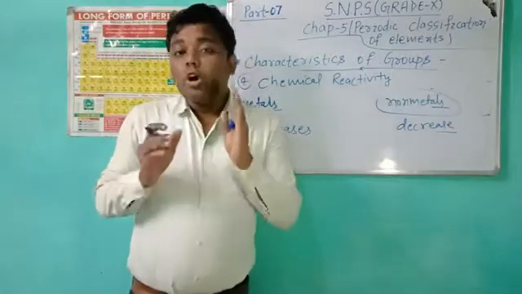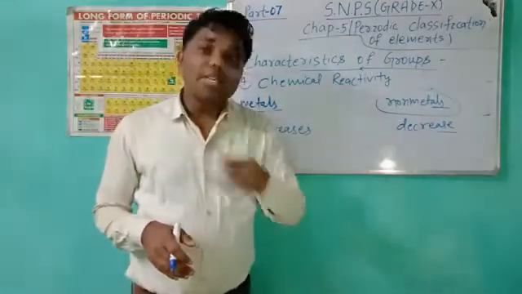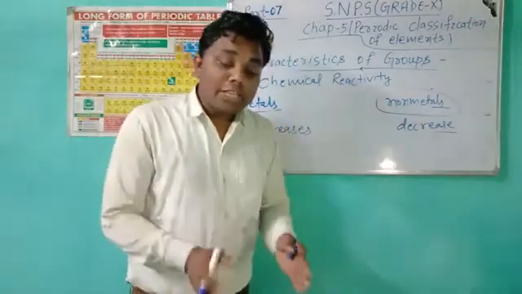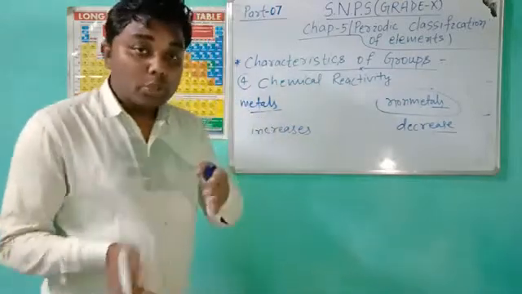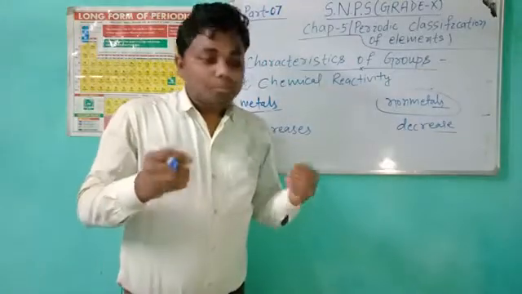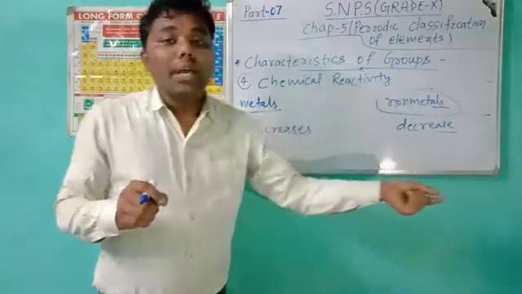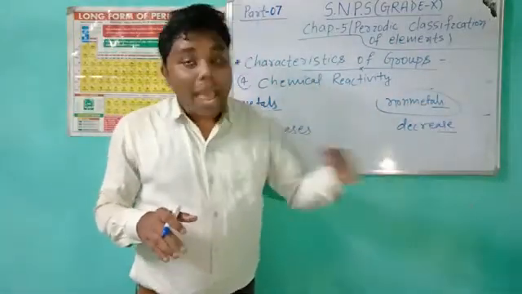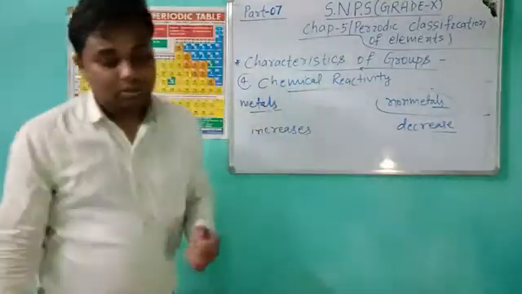In metals, when we go downward, the size increases, and when the size increases, the tendency to lose electrons also increases, and the reactivity also increases. It is all related: if the size increases, then the metallic character increases, and when the metallic character increases, the chemical reactivity also increases.